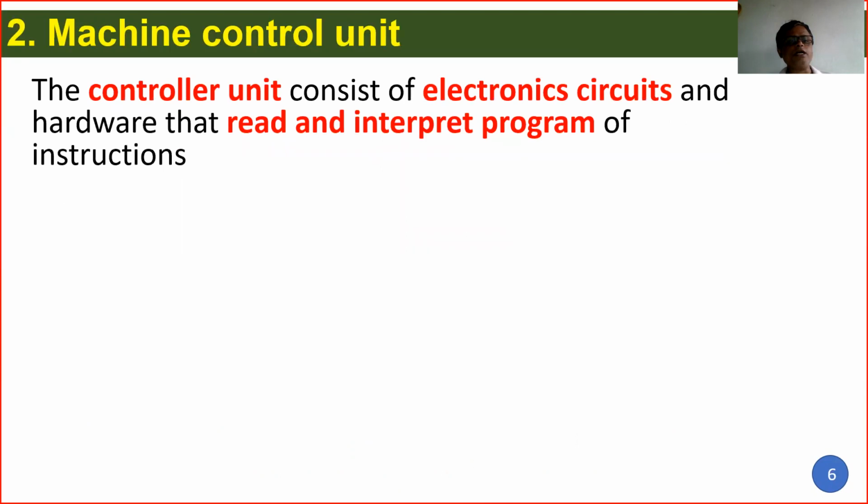The second part of the NC machine tool is the machine control unit. It is also called the control unit. So what is the control unit? It is basically the electronic circuits and the hardware which reads and interprets the program of instructions.